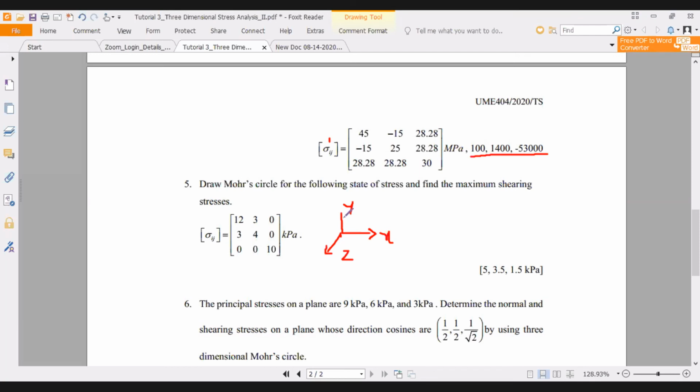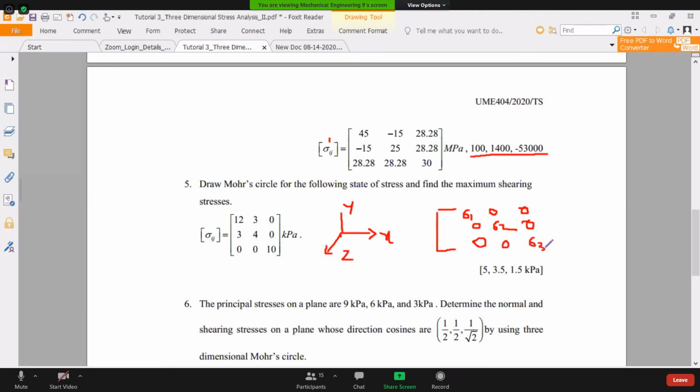No, no, no. Those are the diagonal components. Those are not your principal stresses. Principal stress means you can have sigma 1, 0, 0; 0, sigma 2, 0; 0, 0, sigma 3. How will you decide the principal stress?